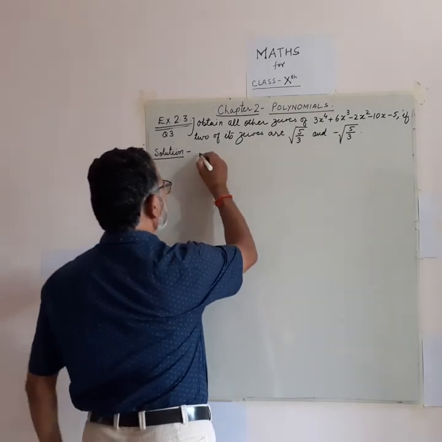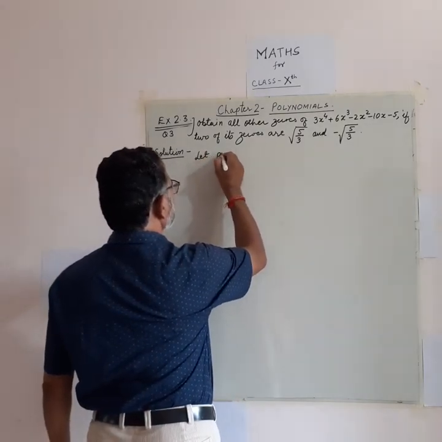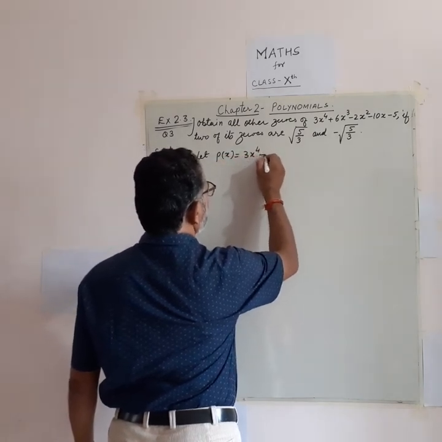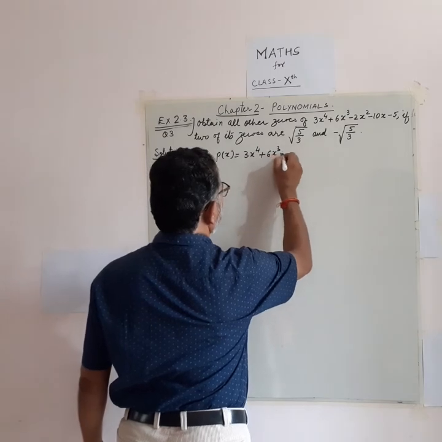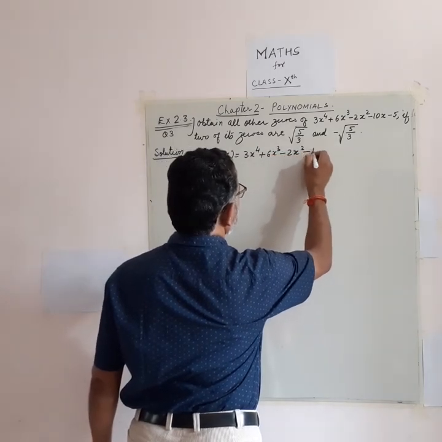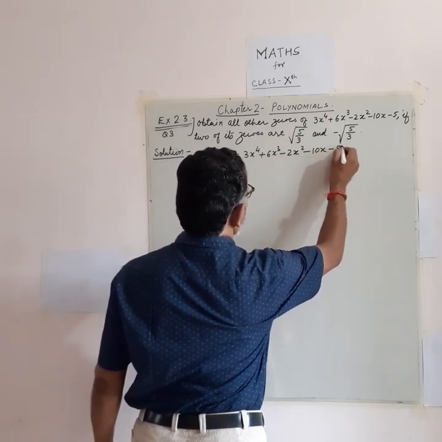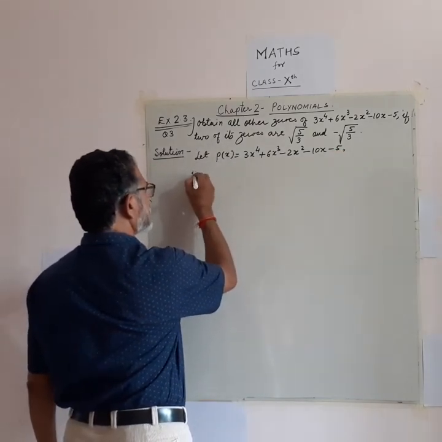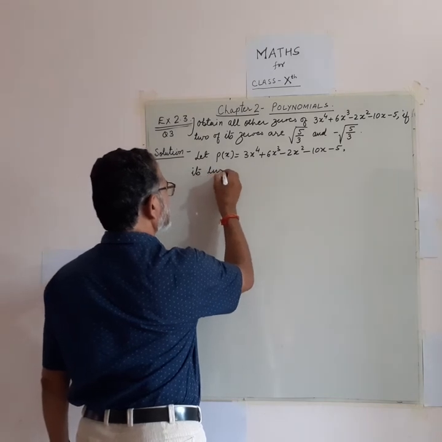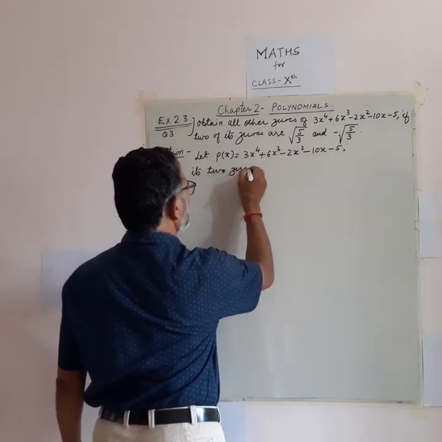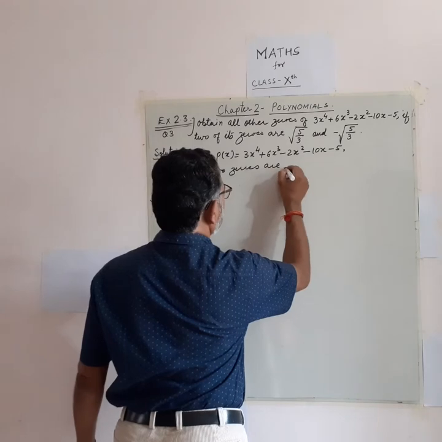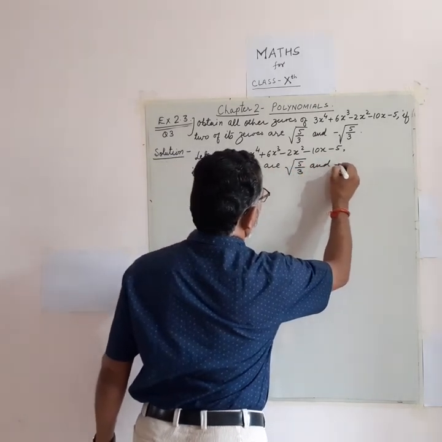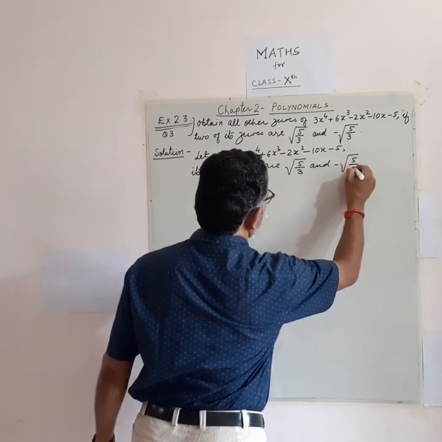So here we assume let px be a polynomial which is 3x raised to the power 4 plus 6x cube minus 2x square minus 10x minus 5. And two zeros are under root of 5 by 3 and minus of under root 5 by 3.